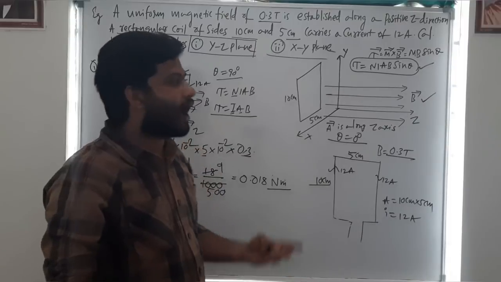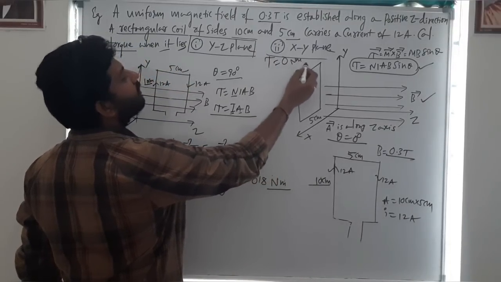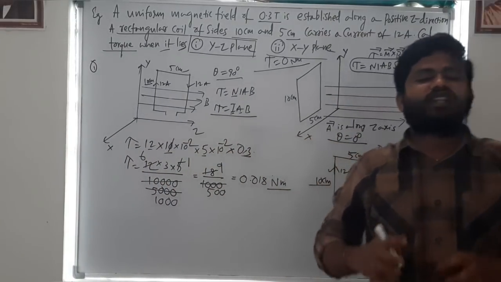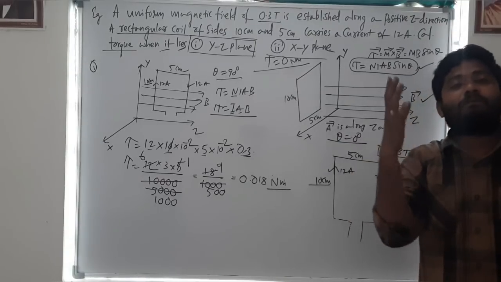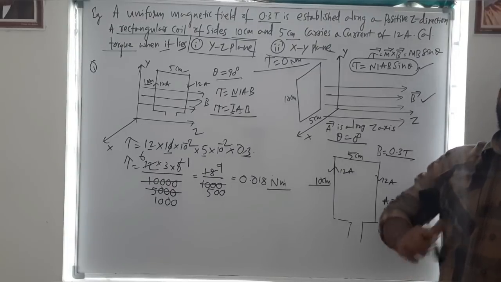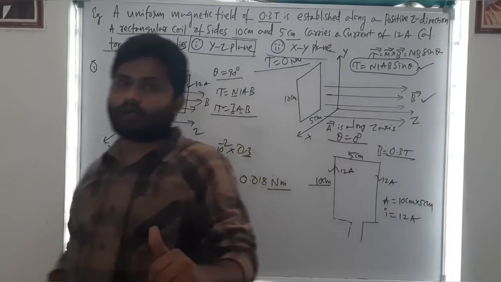Sin 0 is 0. And what is the torque in the second case? It's 0 Newton meter. Clear? I hope you understand the situation here. While solving the numericals on torque, it's all about the angle between area vector and the magnetic field. That's it, right? These are the two basic numericals related to the torque.